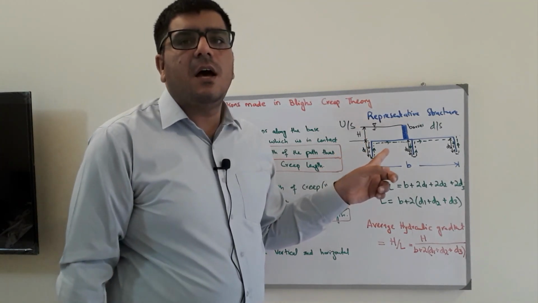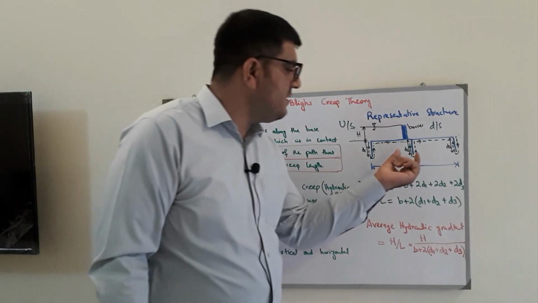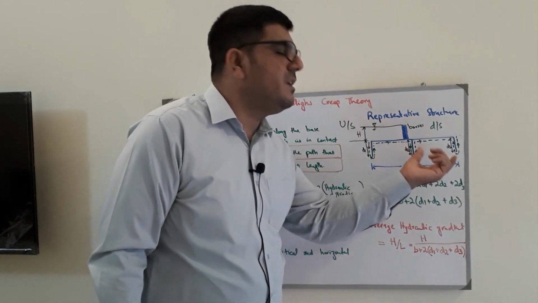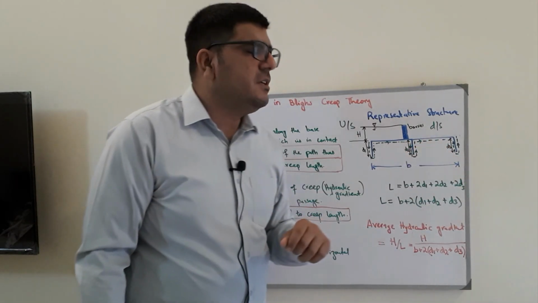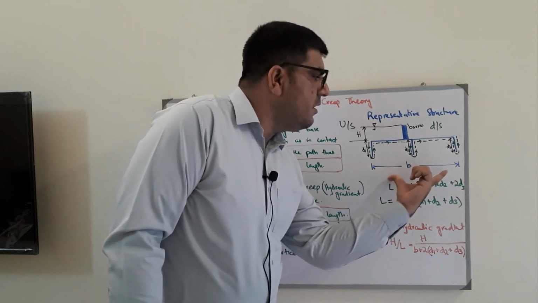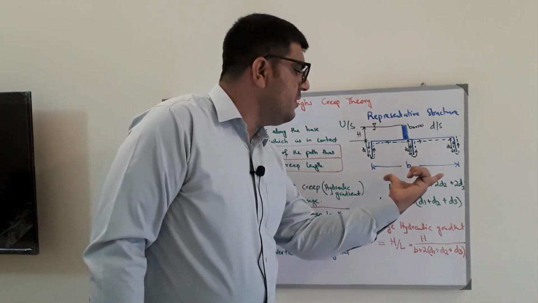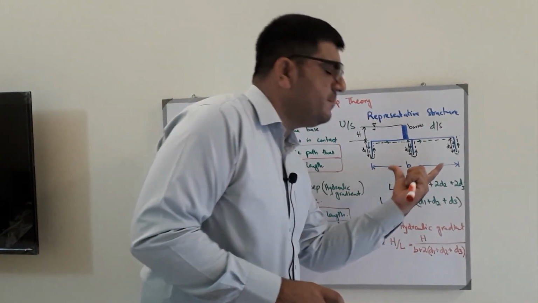There is an upstream sheet pile of depth d1, then another intermediate sheet pile of depth d2, and then a downstream sheet pile of depth d3. The total length is b.